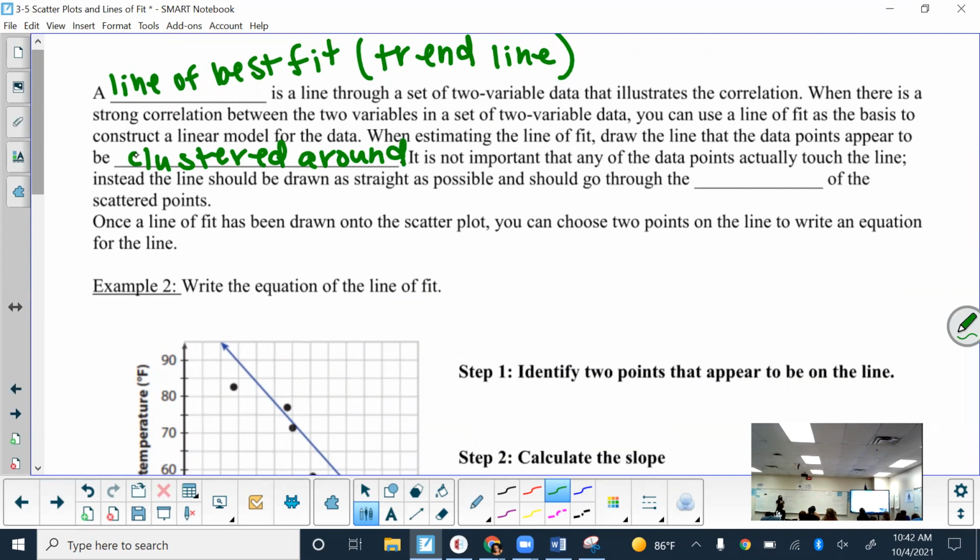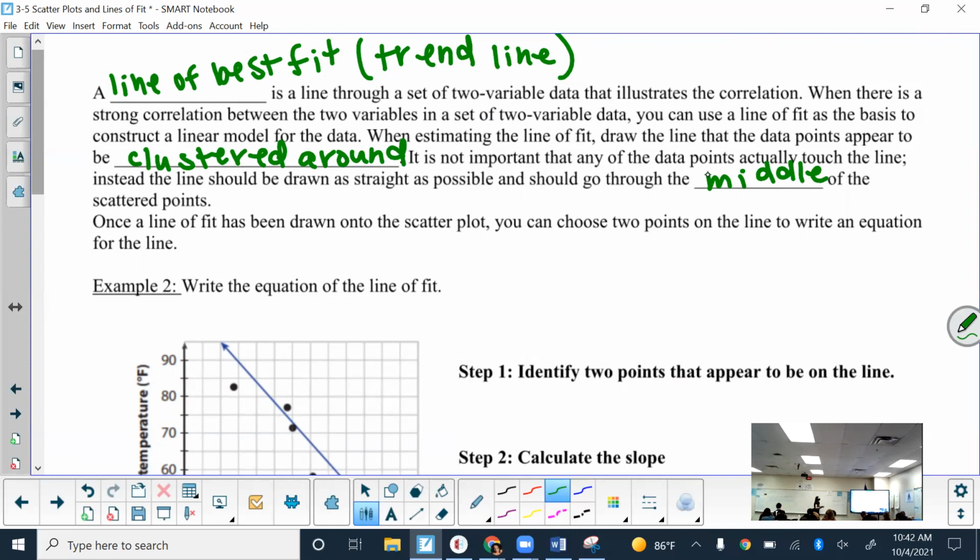It is not important that any of the data points actually touch the line. Instead, the line should be drawn as straight as possible and go through the middle of the data. So we're not playing connect the dots. We're not necessarily drawing a line where most of the points can touch that line. We're drawing it where the data is clustered around it and the line goes through the middle of the data.